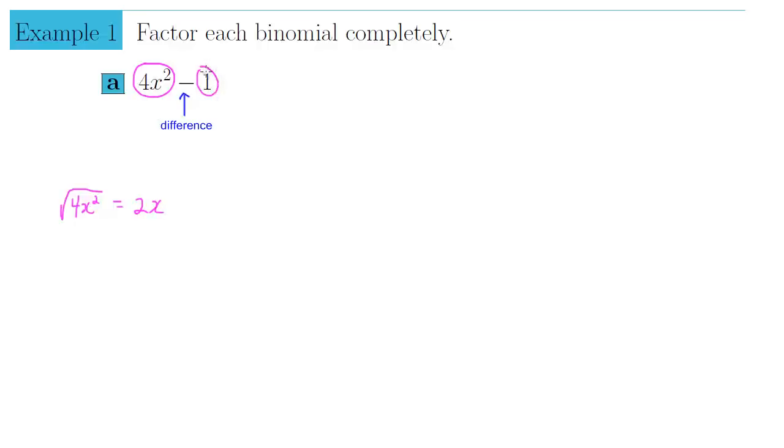Do the same thing with 1. The square root of 1 is 1. So when you square 1, you get 1 back. This means that 4x squared can be rewritten as 2x, quantity squared, minus 1, which can be written as 1, quantity squared.